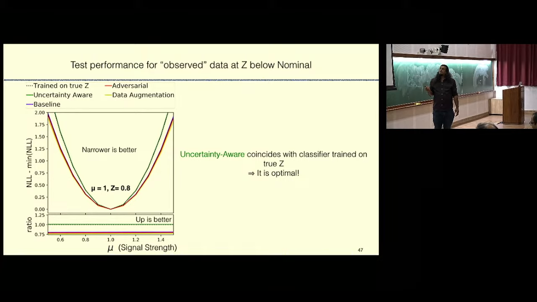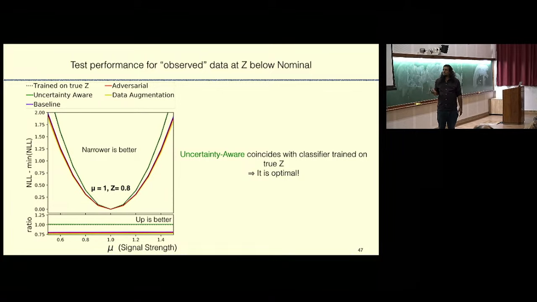And in fact, here I should also show the black one. This is the best you can do. This is if you knew the nuisance parameter perfectly well and trained a classifier on only the data set with the true value of the nuisance parameter. We see that it so happens that in this case, the uncertainty aware classifier does just as well. It's not always going to be the case, but in this case, it's quite nice to see that.